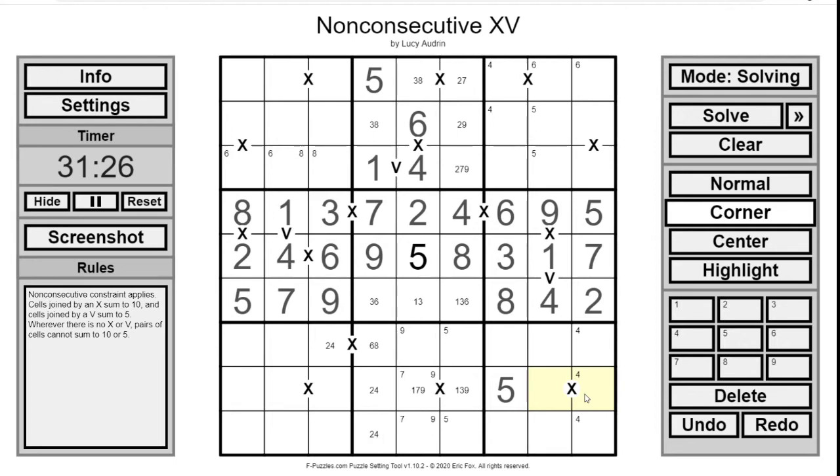It's just way too many possibilities. I'll start inputting them though. Maybe I'll see something. 2, 8. 3, 7, 4, 6.